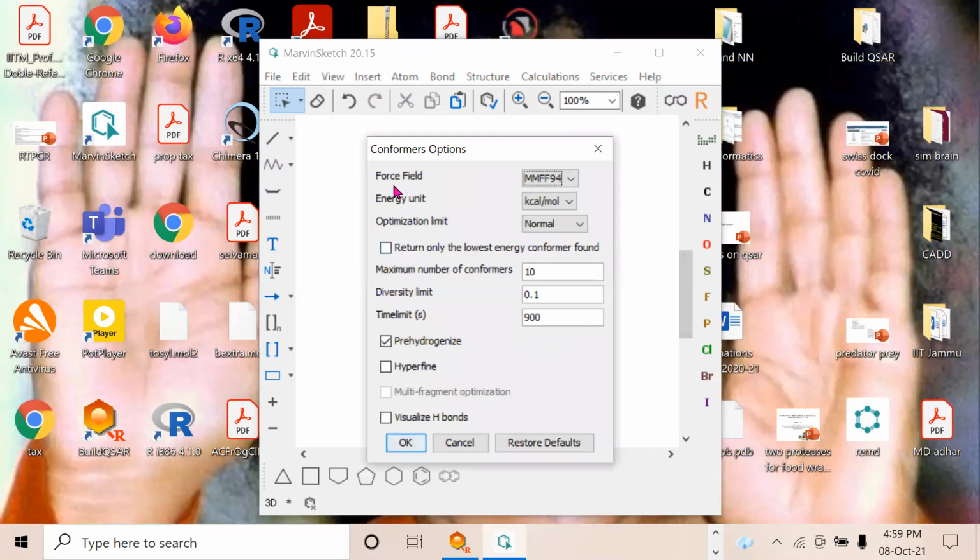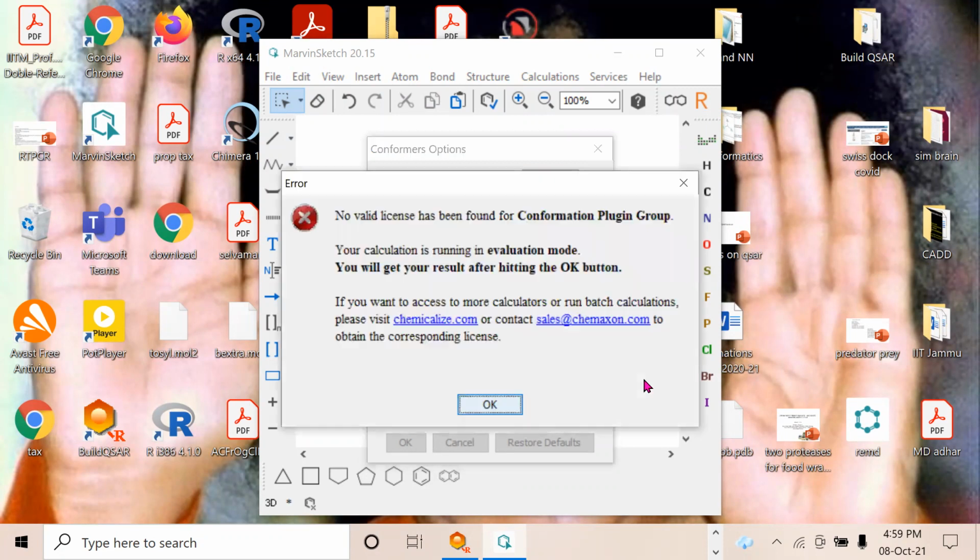See force field, and a lot of mathematics is inside actually, which I am not talking about. It will adjust the bond angle, bond length, and torsion angle.